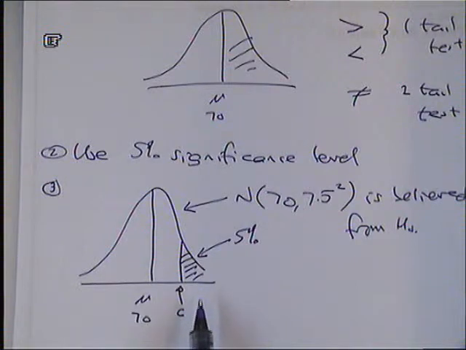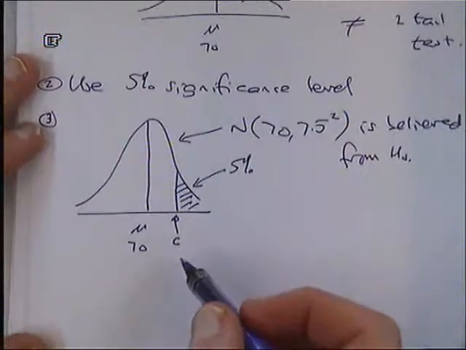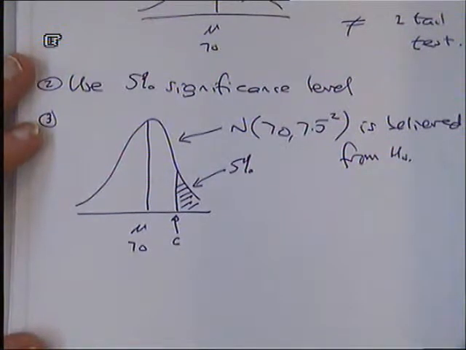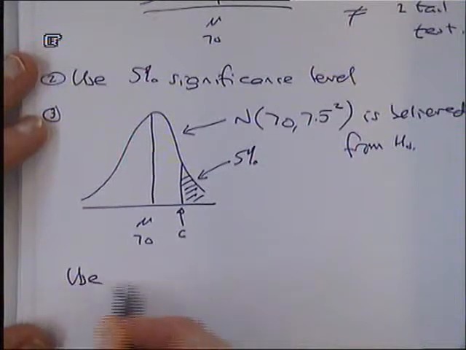Because the chance of our sample just getting those people being that is 5% or less, and we're declaring that's so unlikely that actually the whole year group is actually heavier. If our sample mean is less than that C value, then we're going to conclude no, they're not heavier. Our sample has not concluded that they are heavier. We could have just got that by chance. So this C here is going to be our critical value, and we are going to use our test statistic.